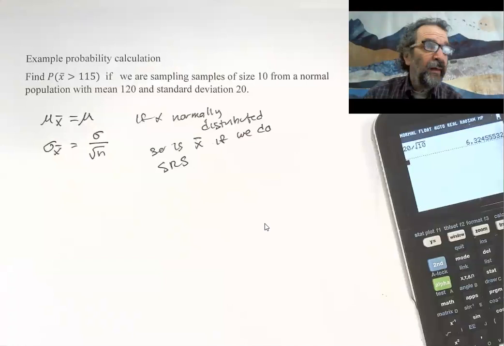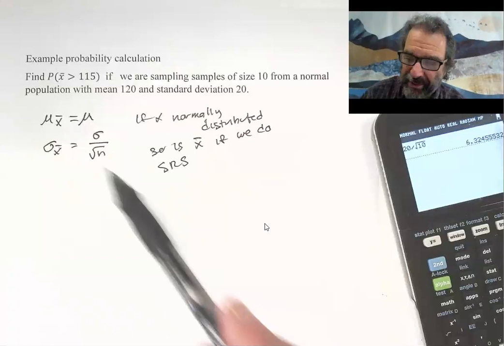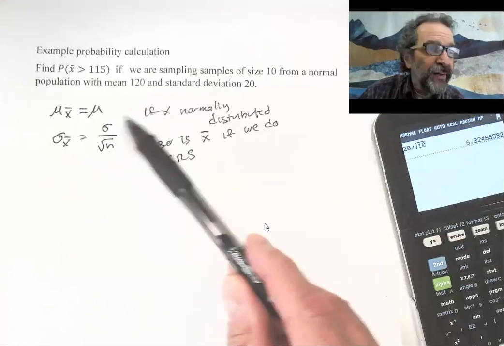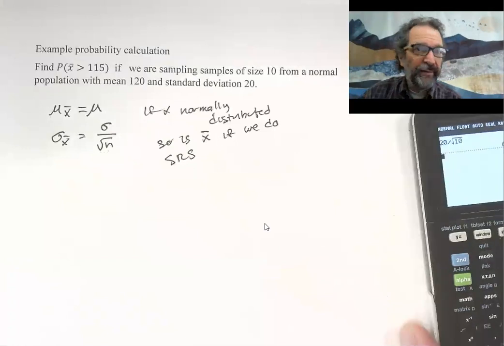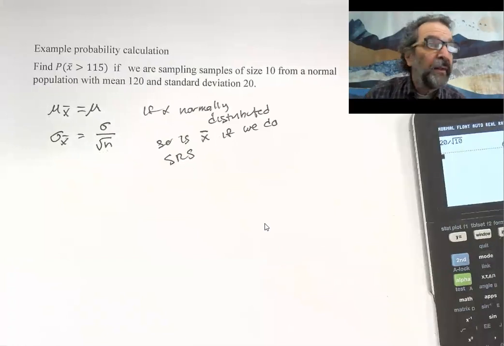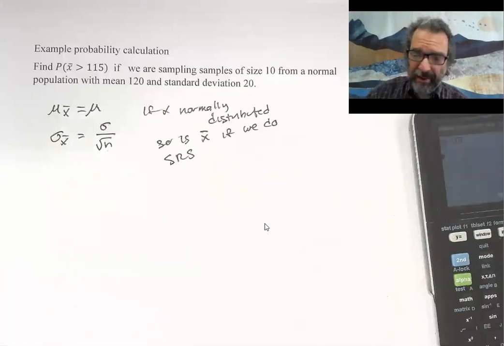So we're assuming simple random sampling. We need it for a couple of purposes, mostly for this: the sigma over root n happens with simple random sampling. If you do something else, you might have a different kind of sigma. Okay, let's see. So we want to find the probability x bar is bigger than 115.